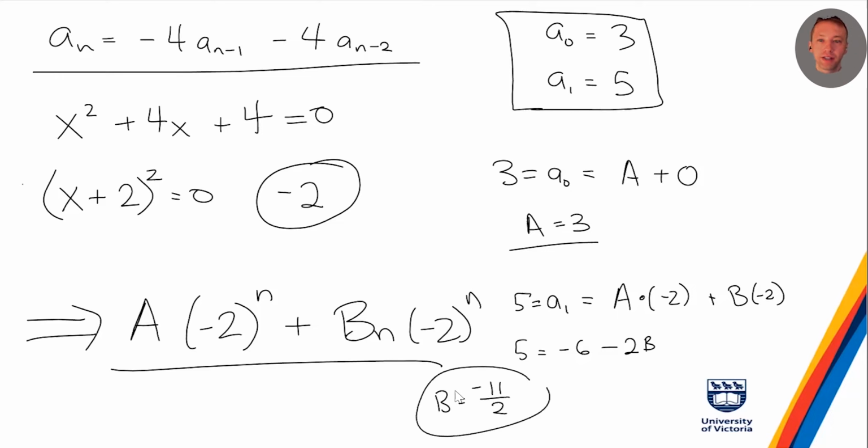Now here's another thing I should highlight. I seem to usually give you the initial conditions for a0 and a1, but I don't have to. I could give you different initial conditions, for example a1 and a2. If I was trying to do something really weird, I could even give you initial conditions which aren't consecutive, like a0 and a2.